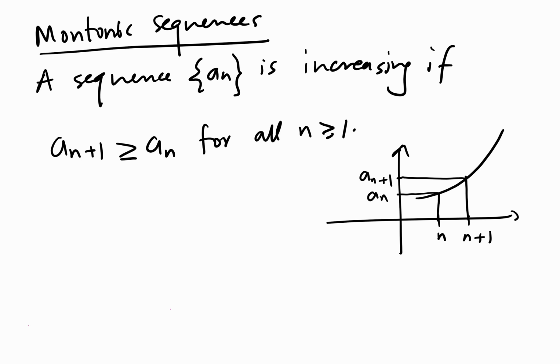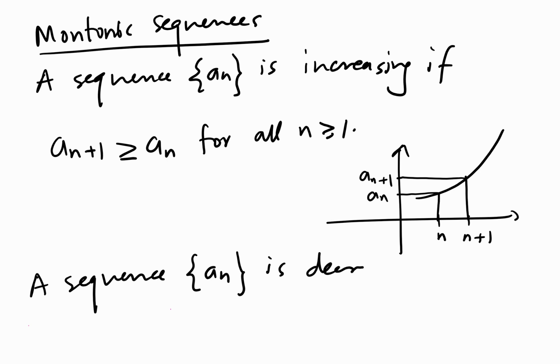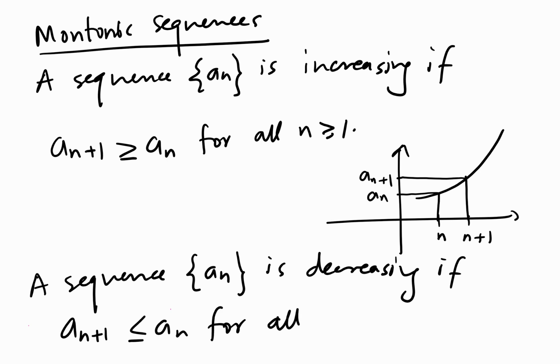We can say the same thing in the other direction. We define a sequence a_n as decreasing if a_(n+1) is less than or equal to a_n, again for all n bigger than or equal to 1.